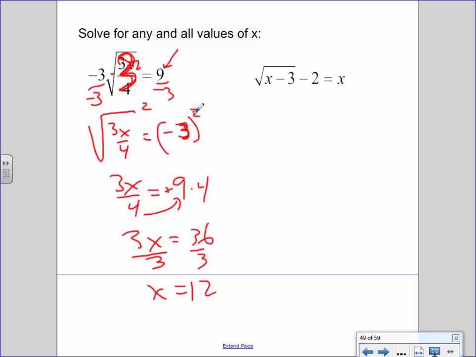Because this was a negative that we squared and it made it a positive, this answer right here was going to be positive. But there is no way that this is going to work, because a negative number times this can't give me a positive. See the issue here? So, long story short, after all that work, there is no answer. There is no number you can plug in for x that will make this work.